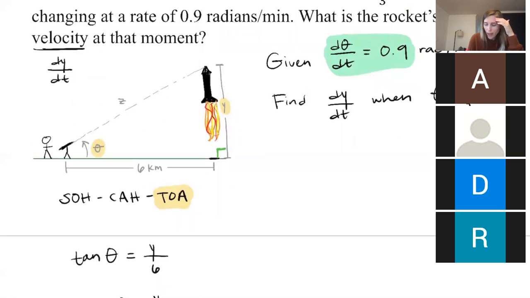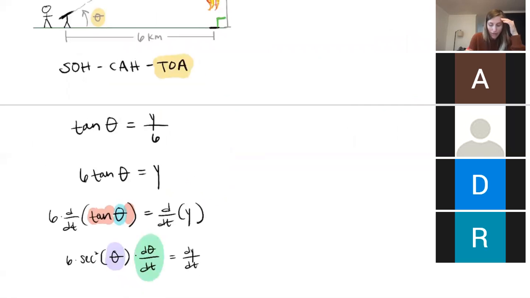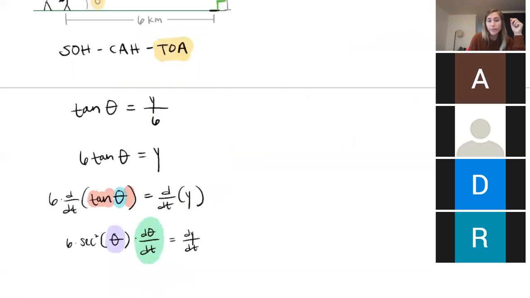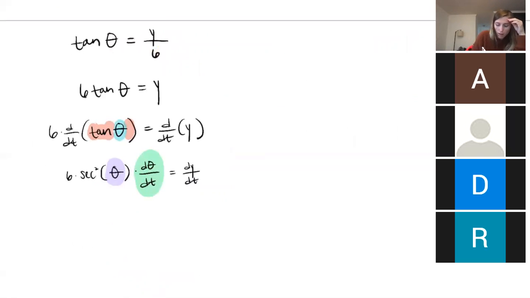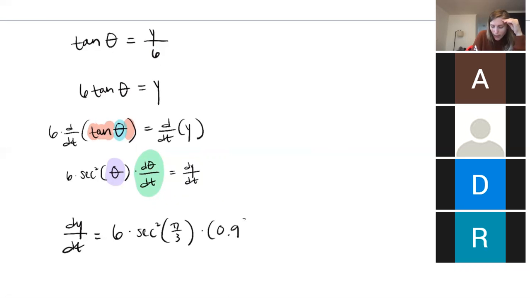And I can plug in pi over 3 for theta. So, I'm going to flip this around so that I have dy over dt equals on the left, and then 6 times secant squared of pi over 3 times 0.9.